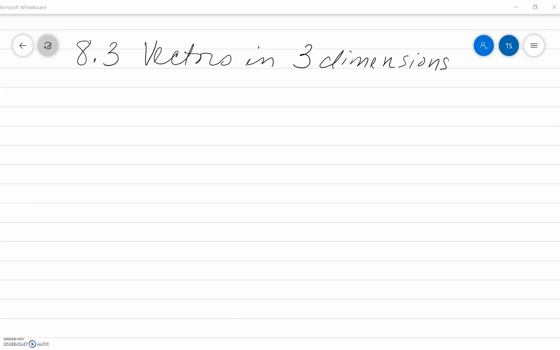Vectors in 3 dimensions. Basically, it's the same thing as vectors in 2 dimensions, only now we have the z coordinate. So we will have what's called an ordered triple.